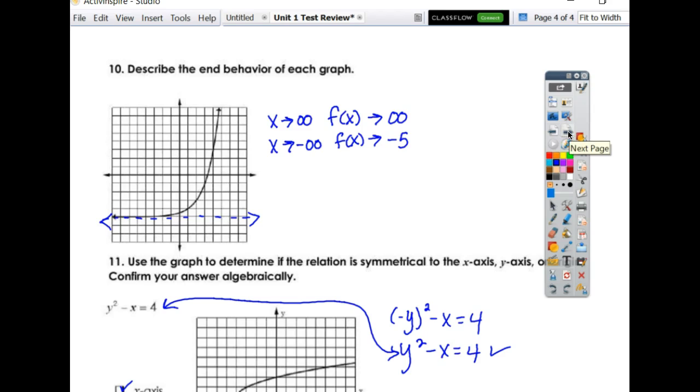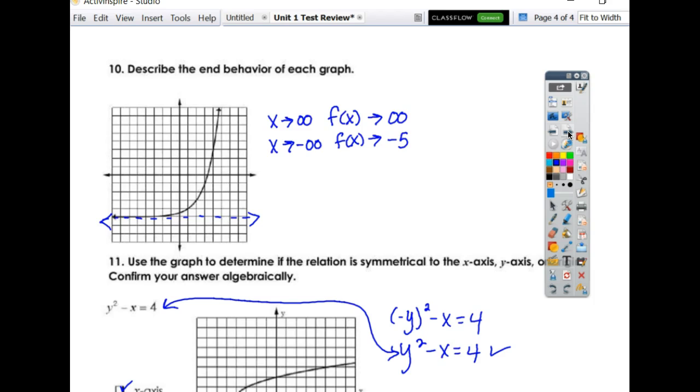Number 10. So the discontinuities are the x equal. For the end behavior, you have to draw in the horizontal asymptote. So as x goes to infinity, what happens to the y?